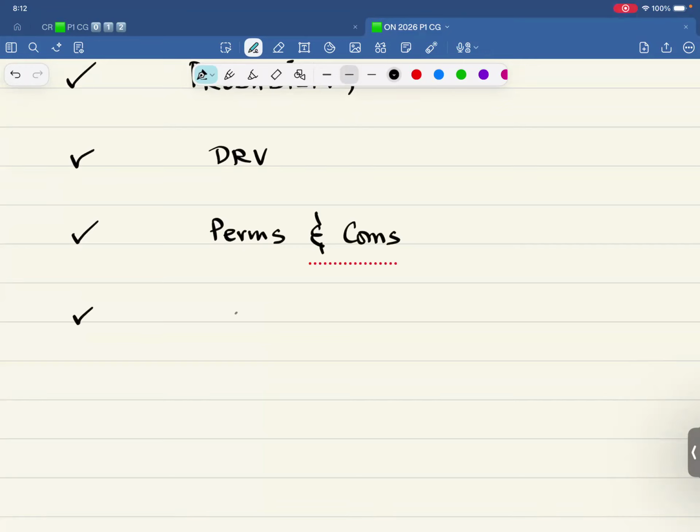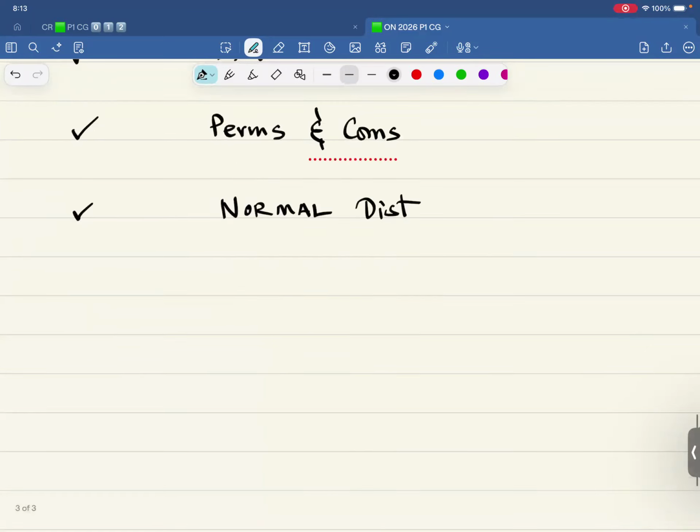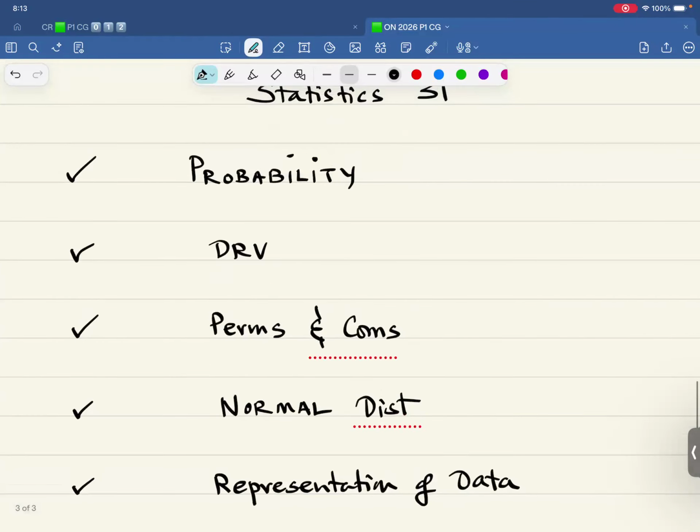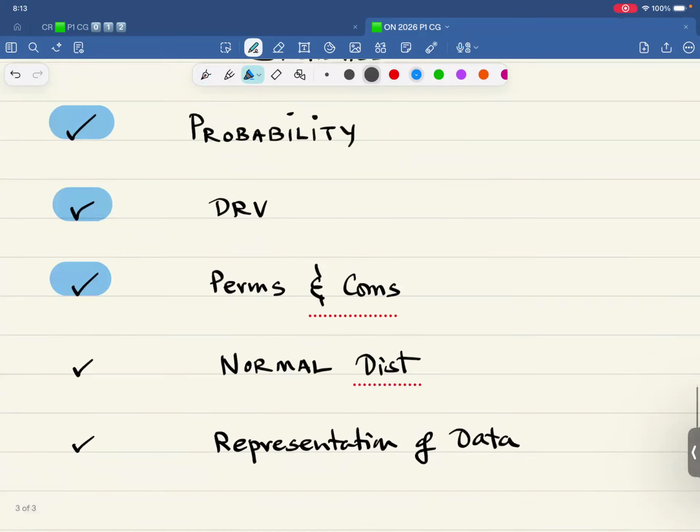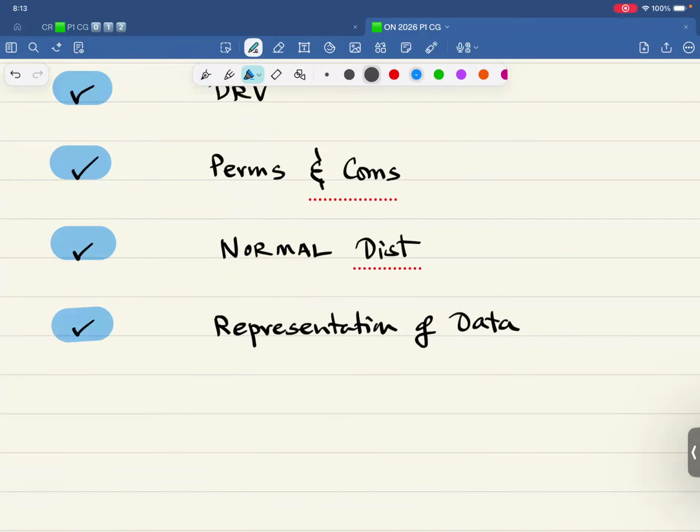The fourth one is normal distribution. And the fifth one is representation of data. That is 1, 2, 3, 4, and 5.